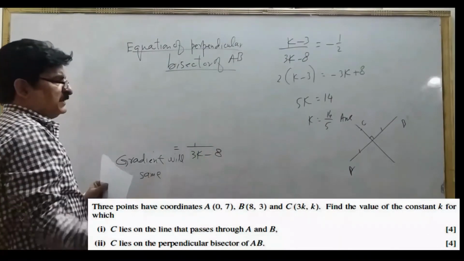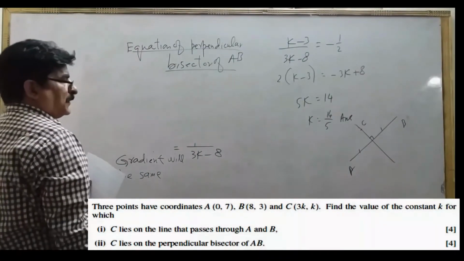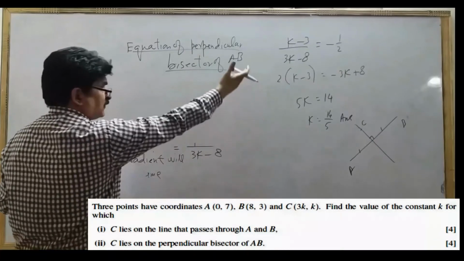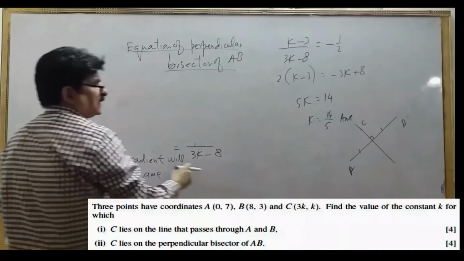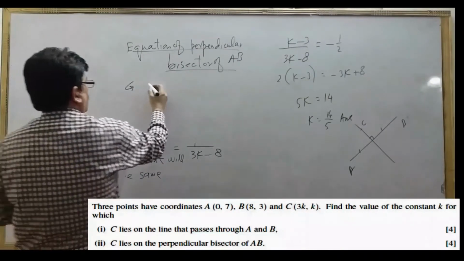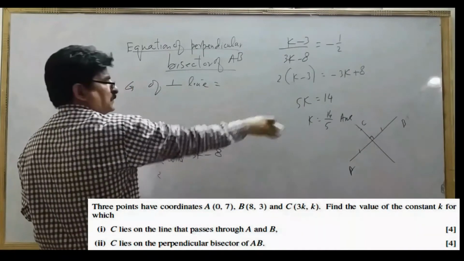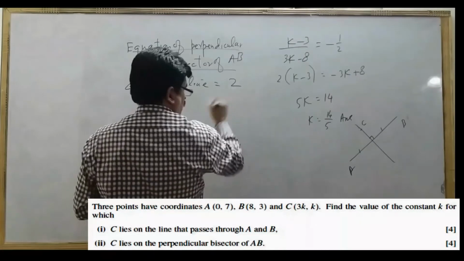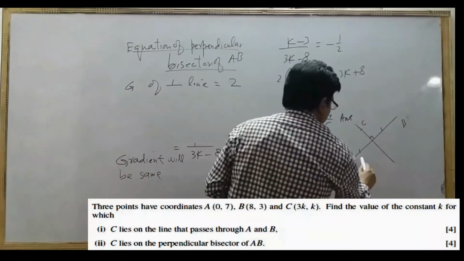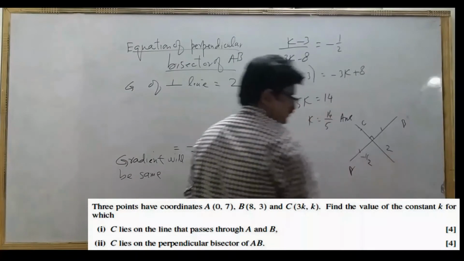As we have done in the previous two questions, we have already found the gradient of AB. The gradient of the perpendicular bisector will be 2. Gradient of this line is -1/2 and this is 2.